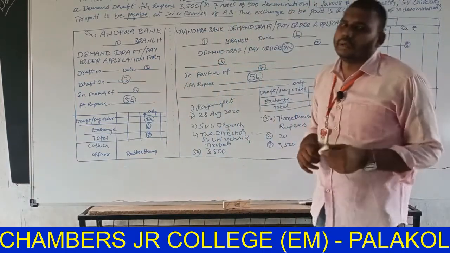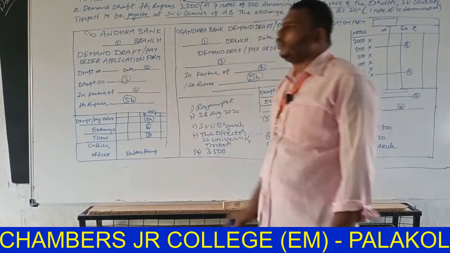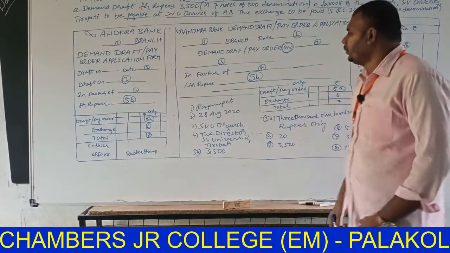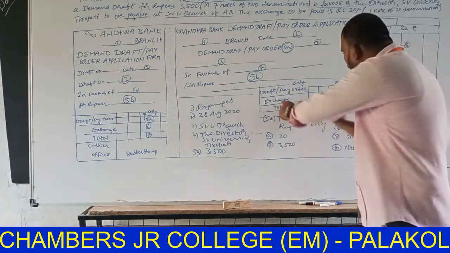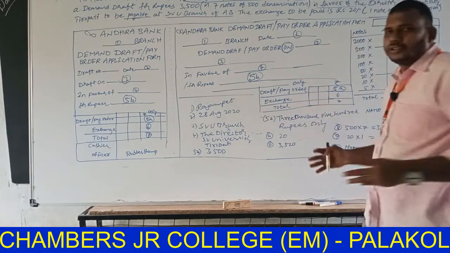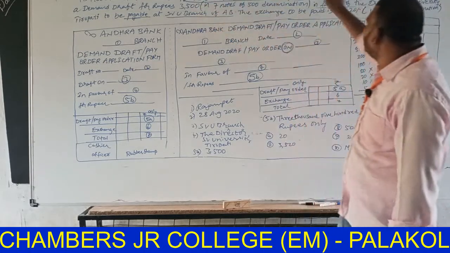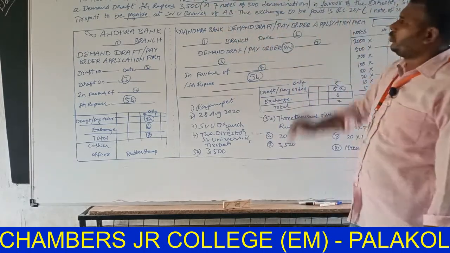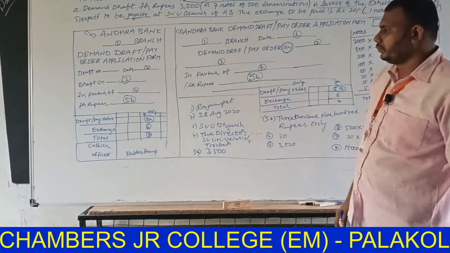So you should remember the main things: draft on, here we need to write the payable branch. And don't get confused while writing the total. At the column of total, you just add the total amount along with the exchange rate. And before that we can divide them.